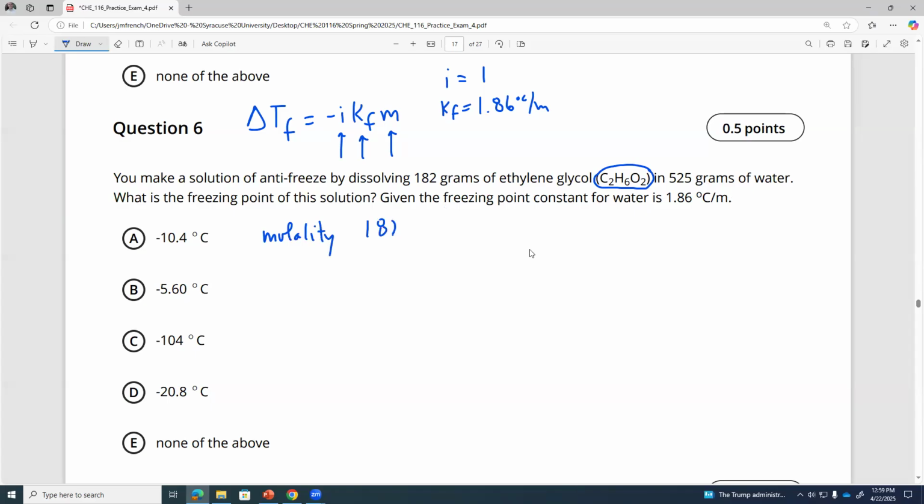So 182 grams of ethylene glycol. And we need the molar mass, right? So 1 mole, let's see, 24 plus 6 plus 32, it's about 62. Okay, yeah. 62 grams per 1 mole.